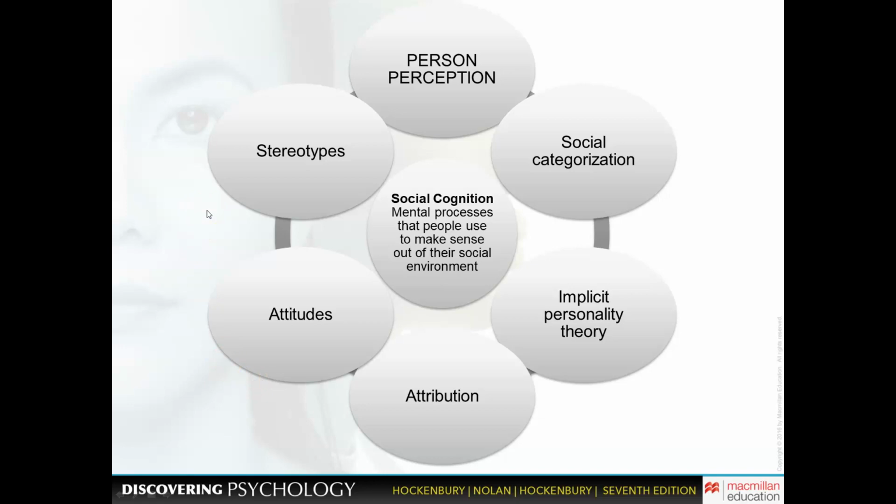Right in the center of all that, you'll see that we put a note that says social cognition. Remember, that refers to the mental processes that people tend to use to make sense of our social environment.